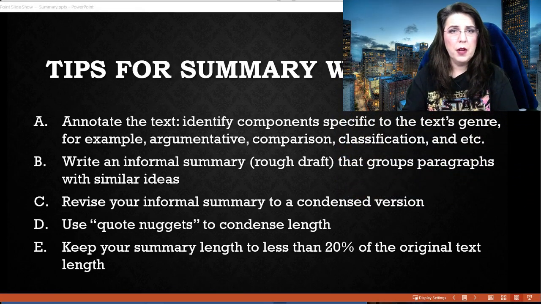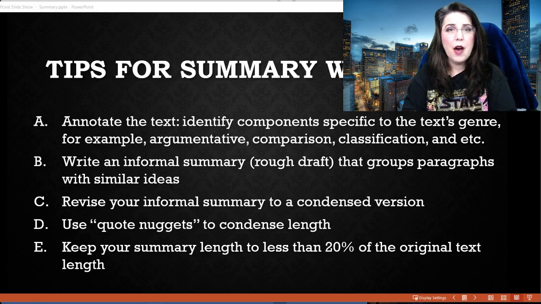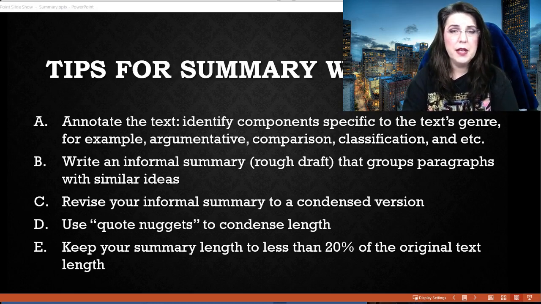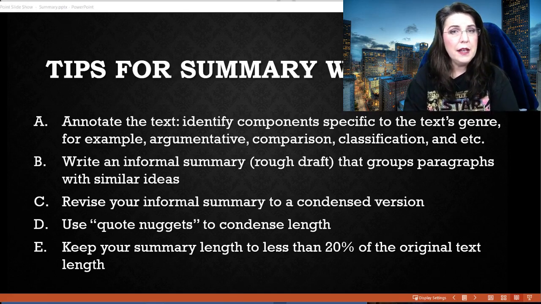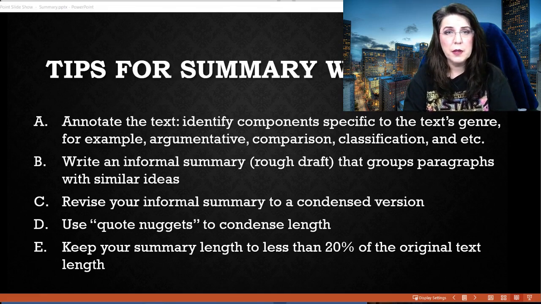The first thing that will help you to be successful is that while you're reading the text that you have been assigned, be sure to annotate those texts for the specific components of whatever genre you are reading. For example, if you're reading an argumentative text, annotate that text for the parts of argument.